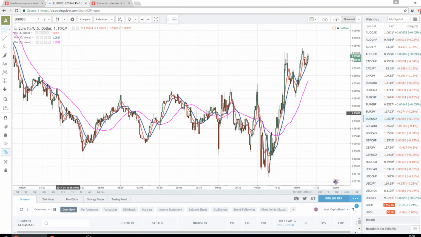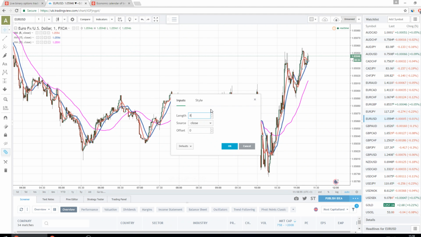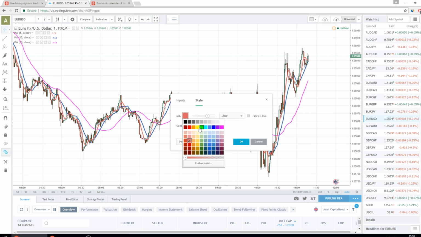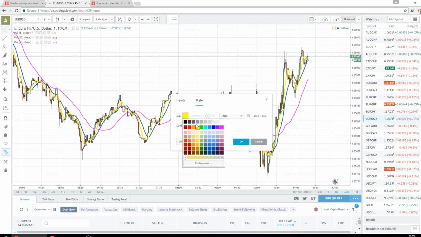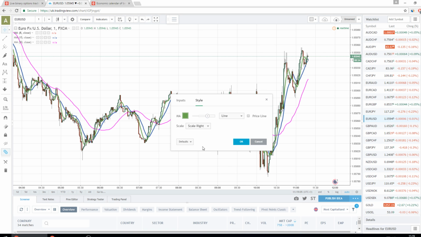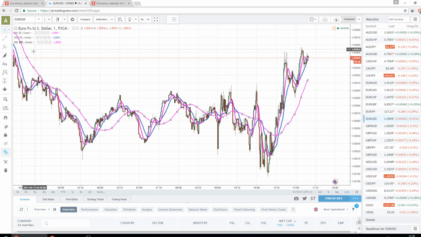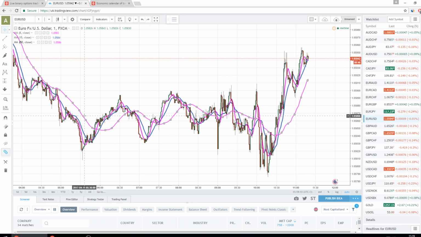Basically, let's see. Let's highlight the moving average with the short period. It needs to be more bright. I will change it for purple. This one will change for another color, because it's important for us to see that one.